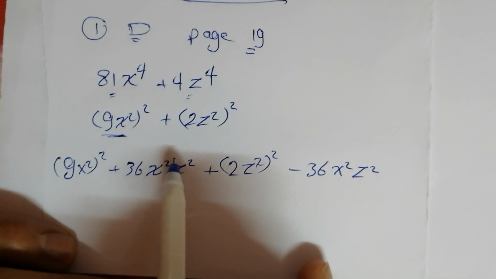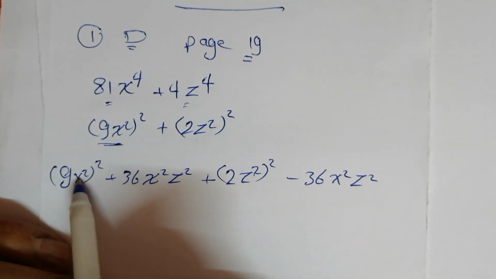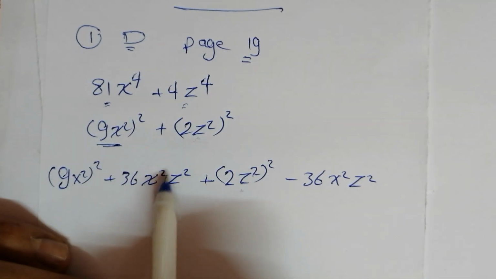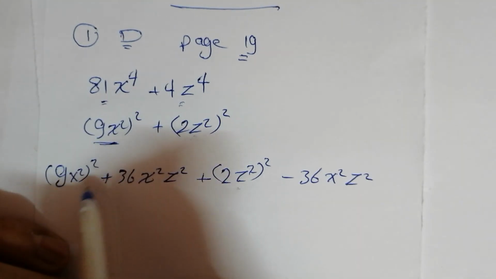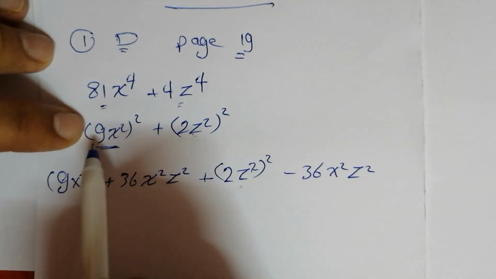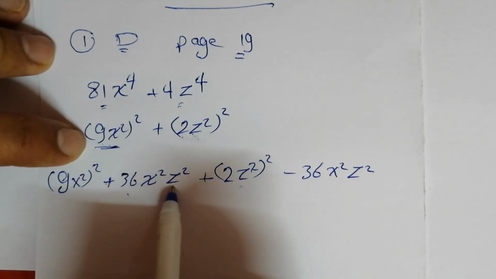How can you factorize it? You can factorize it by writing the first term as it is and the third term as it is. And we can write the middle term. How can you find the middle term? Yes, it's a plus 2 by the first by the third: 2 by 9 by 2, 2 by 9 is 18, by 2 is equal to 36 x squared z squared.